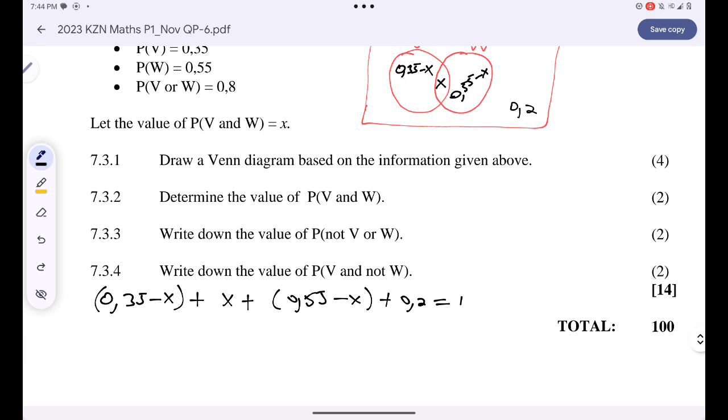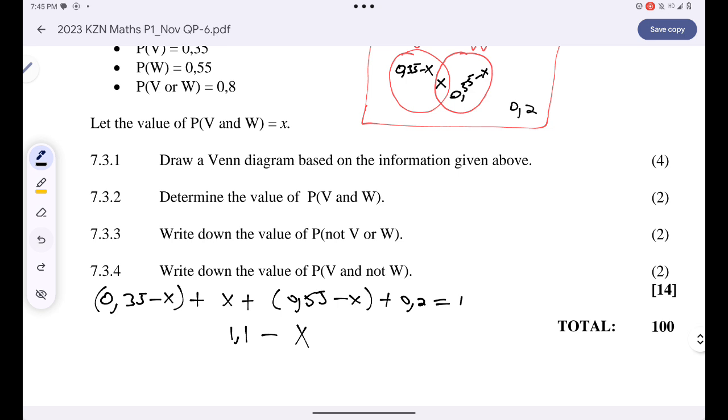This will give me 1.1 minus 2x plus x, which is simply negative x.